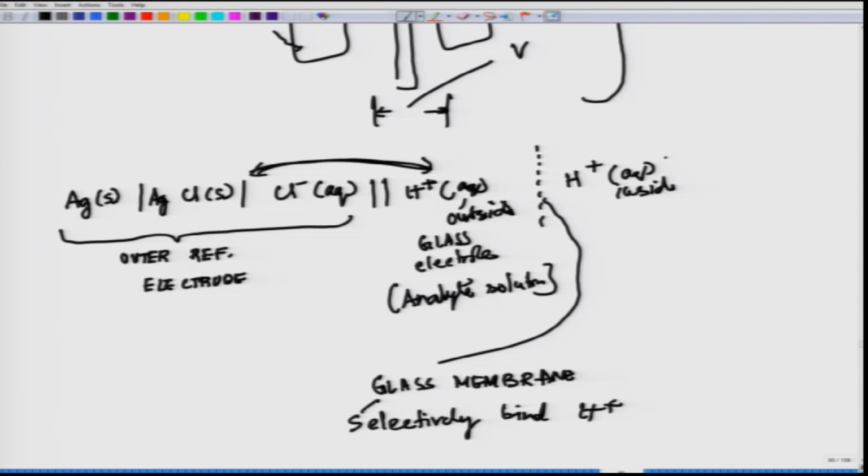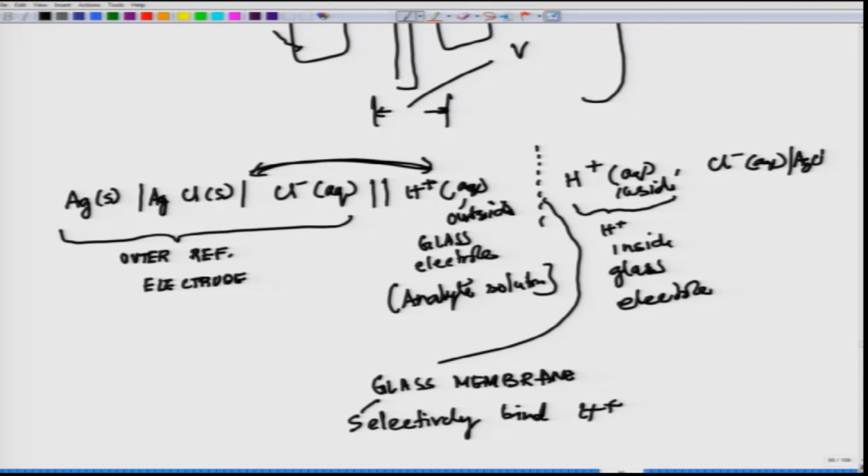Once I draw the picture, it will make sense, with Cl minus aqueous. So, this is what we have as H plus inside the glass electrode, and then you have the inner reference, which is Cl, AgCl solid, Ag solid.